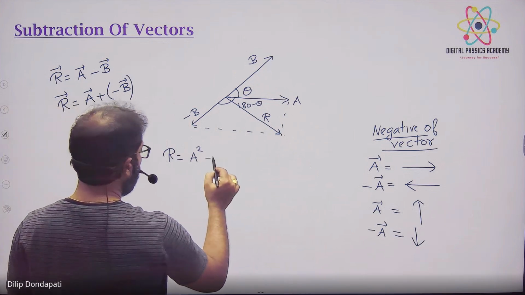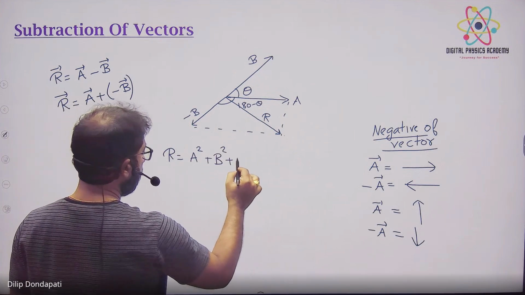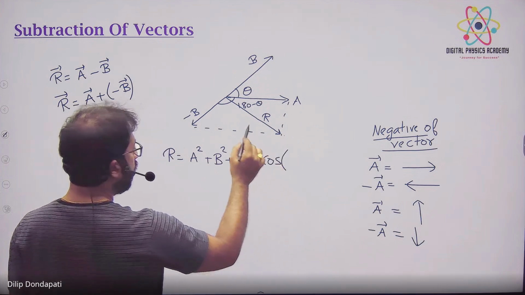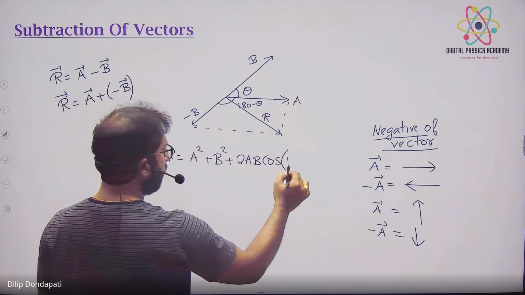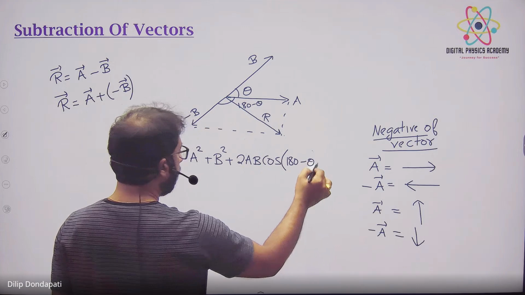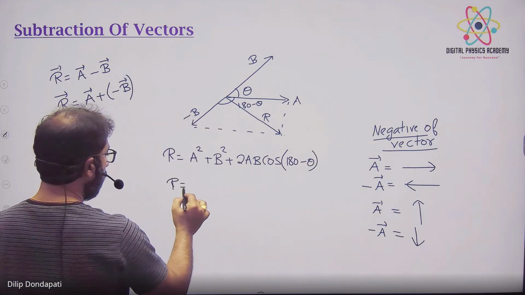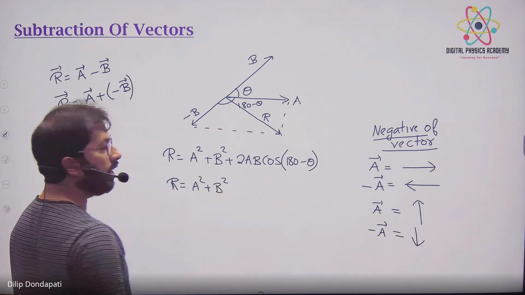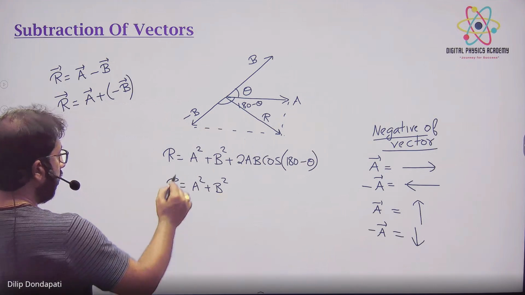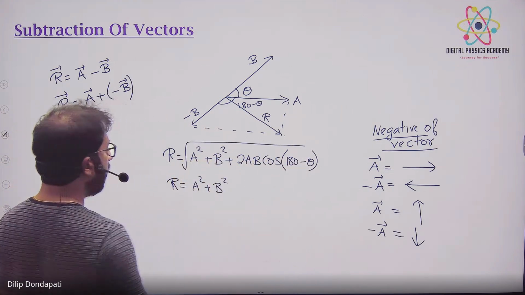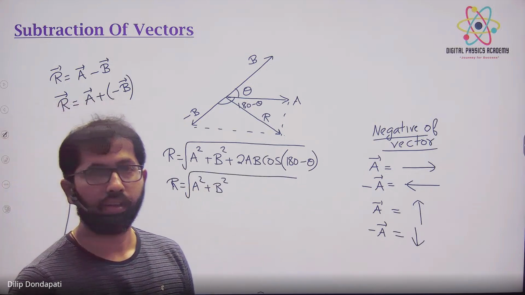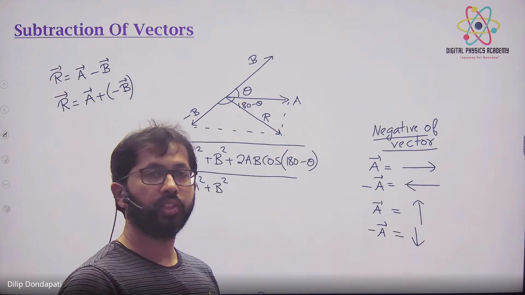So a square plus b square plus 2ab cos angle. The angle between the two vectors is how much? 180 minus theta. Okay. So R is equal to a square plus b square, and tell me cos 180 minus theta. 180 minus theta lies in which quadrant?